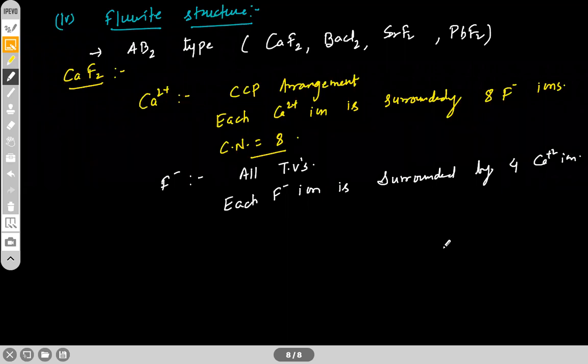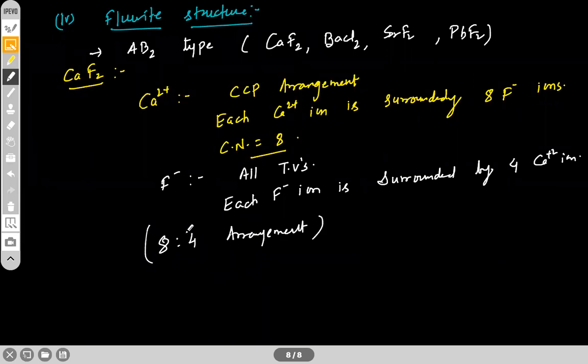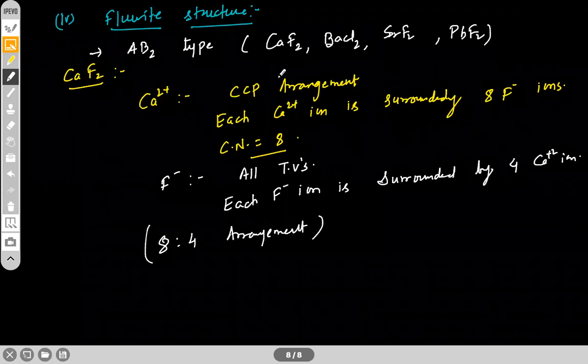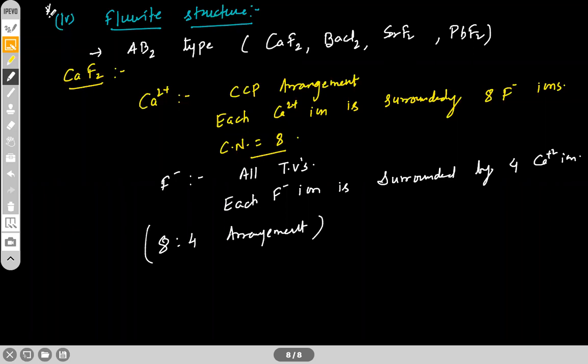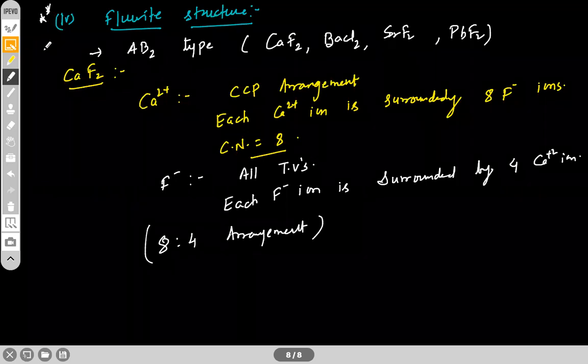And hence it is an 8:4 arrangement. It means first we write the coordination number of the cation and then the coordination number of the anion. So it is an 8:4 arrangement in the fluorite structure. This is very important. I have asked questions on this many times in the exam. Just a second.